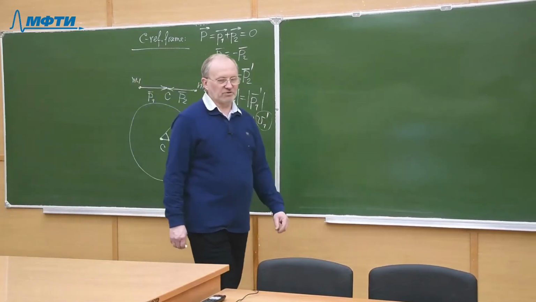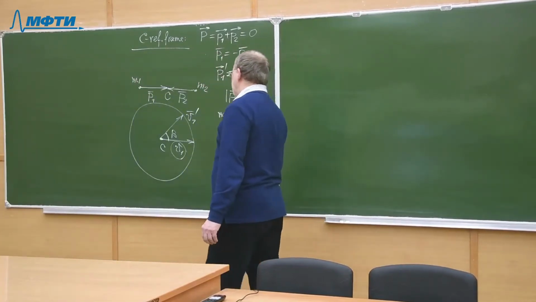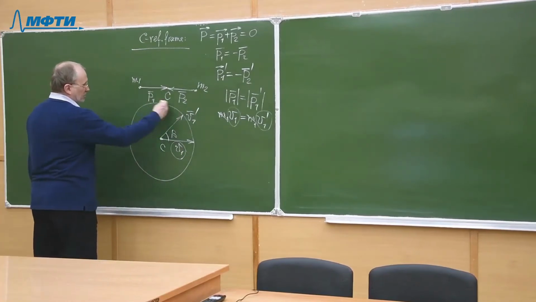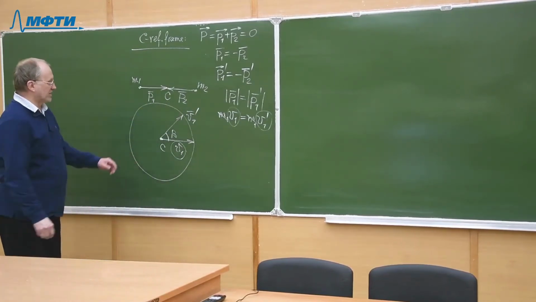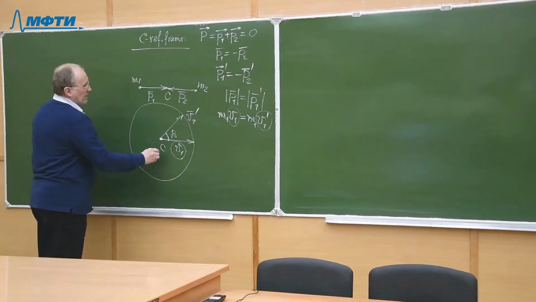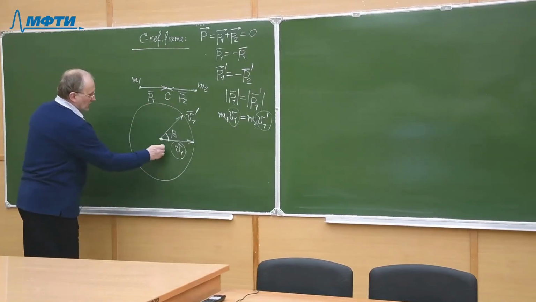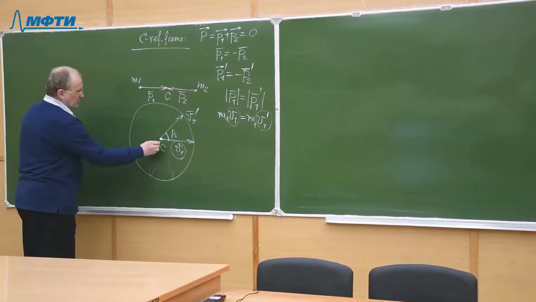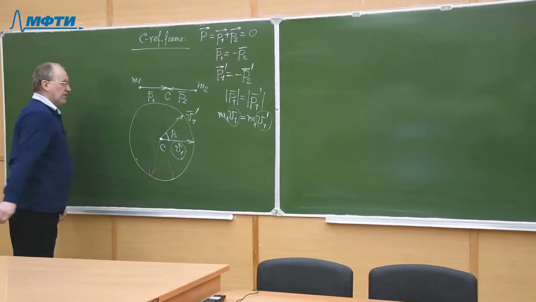The length will remain the same. So any vector of velocity of the first particle will belong to this circumference. It will start in the center C, and the end of the vector will be somewhere here. So all possible vectors may look like this, all possible vectors as a result of collision.